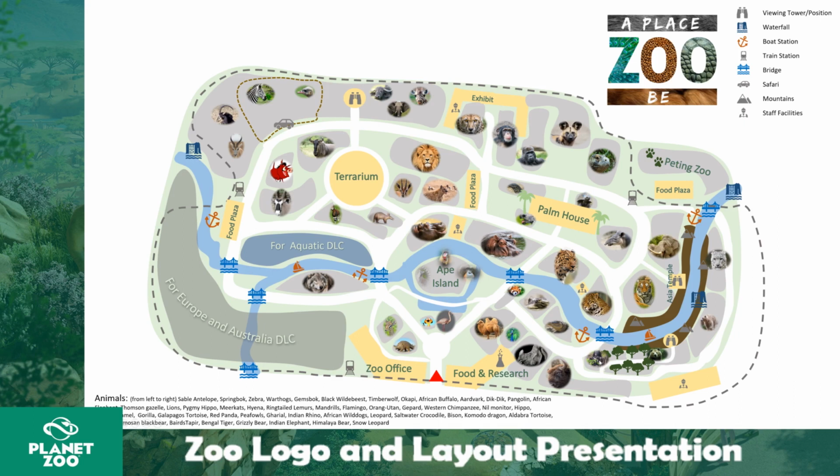South to the bear section, I put the American bison, because it fits a little bit to the grizzly bear, and it's American, and at this point in time, it's not confirmed that we will have the American bison. I'm not sure if it's bison or bison. Sorry to say, maybe it's the American bison.